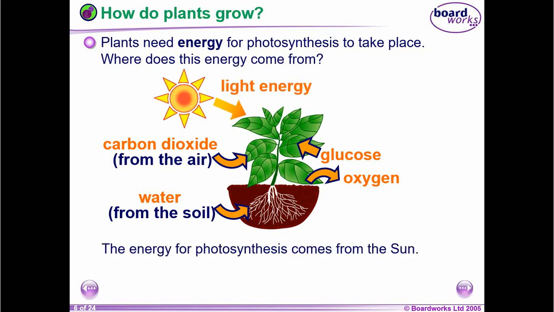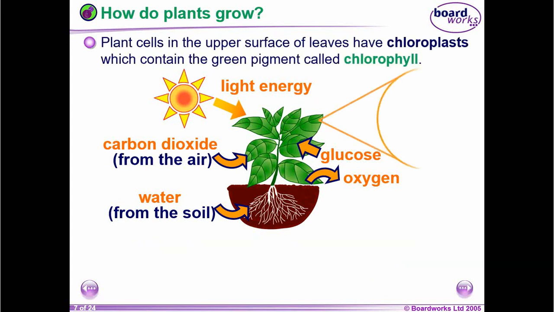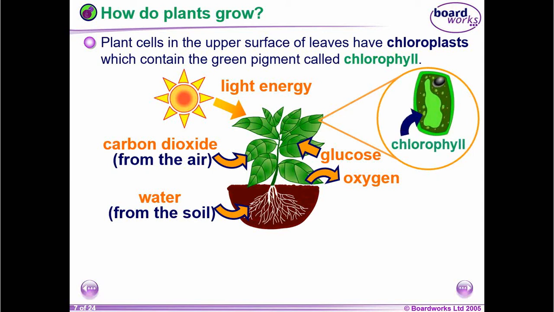Okay, from where does the energy for photosynthesis come? It comes from the sun. So the plants trap the sunlight. Which part exactly in the plant traps the sunlight? It is the chloroplast. The chloroplast contains a green pigment called chlorophyll that traps the sunlight.